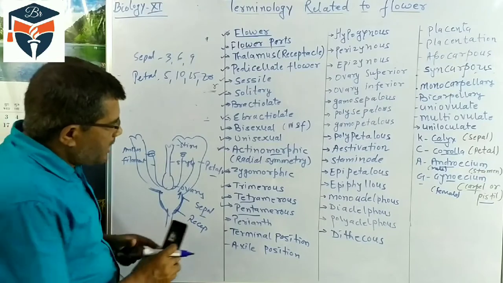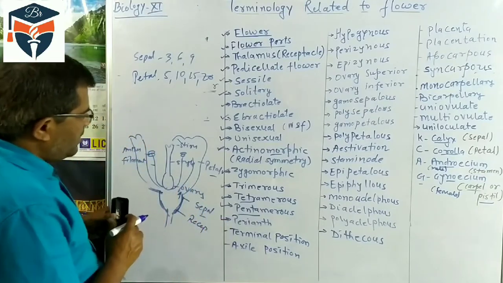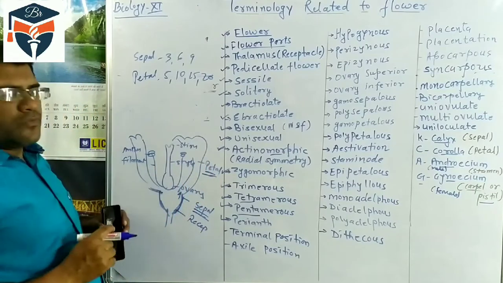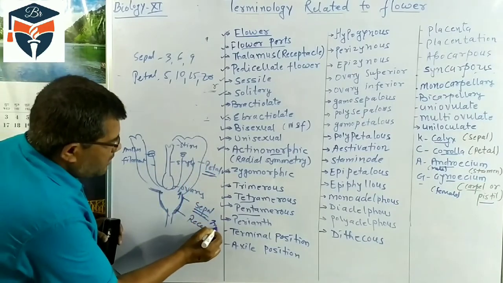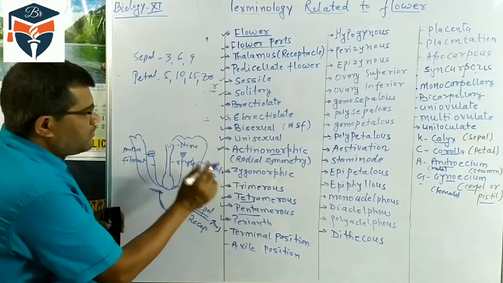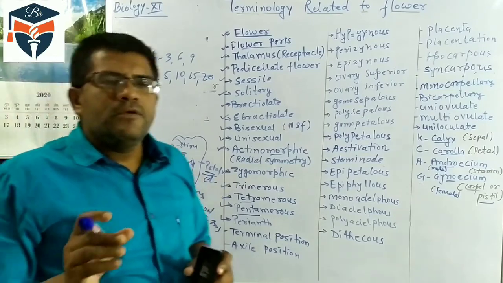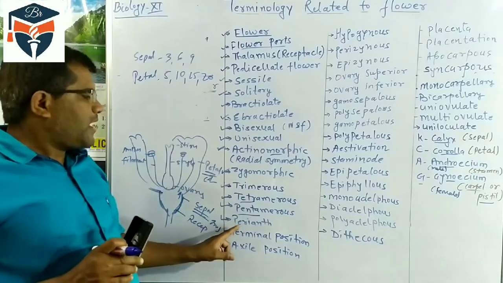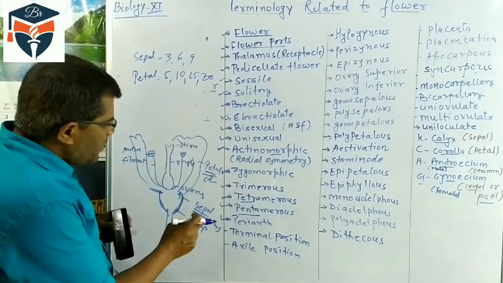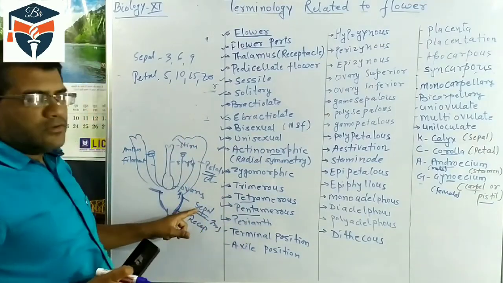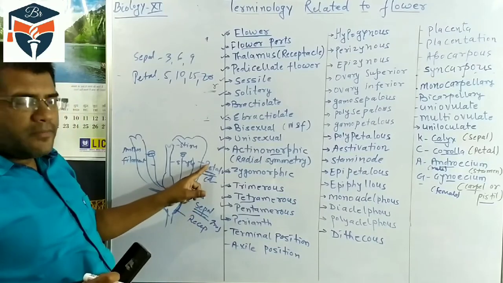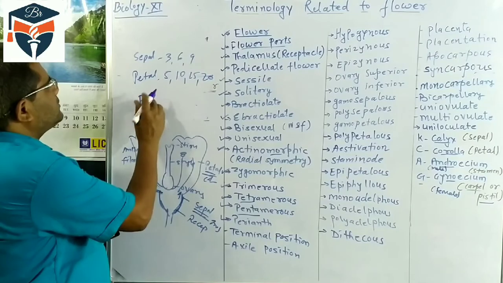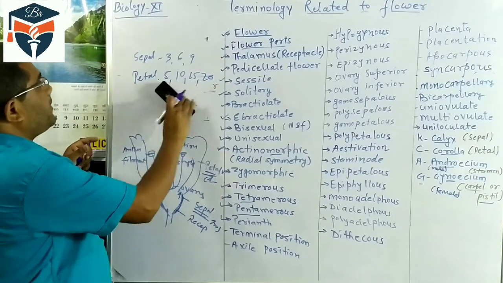Another is perianth. Sometimes what happens, here I am distinguishing the sepal and petal, because sepals are green in color and petals are colorful parts, so we can easily distinguish sepal and petal. But there are such flowers where there is no differentiation of sepal and petal. In such cases, this part is called the tepal.